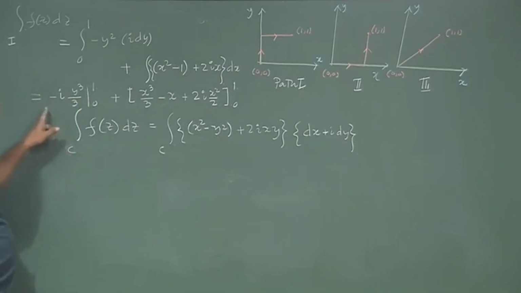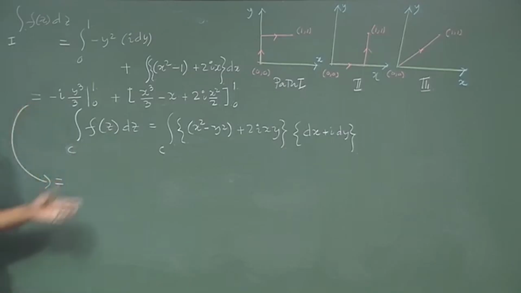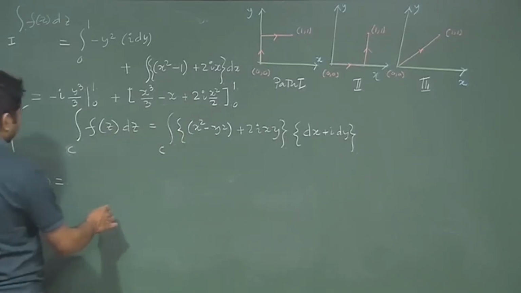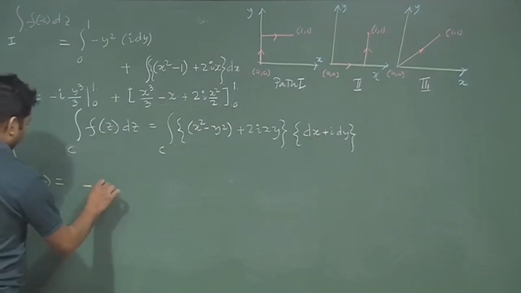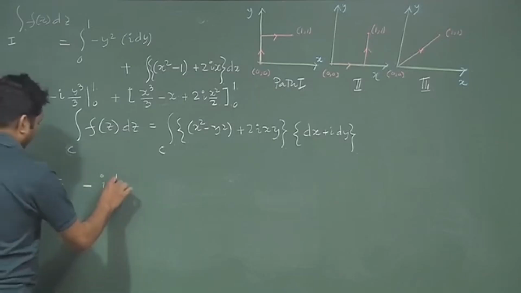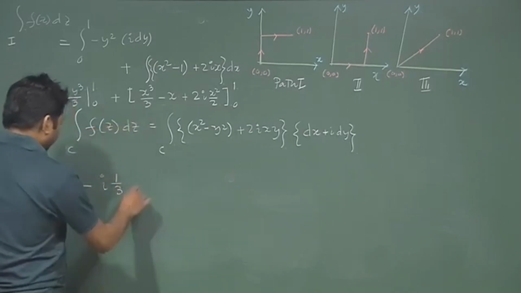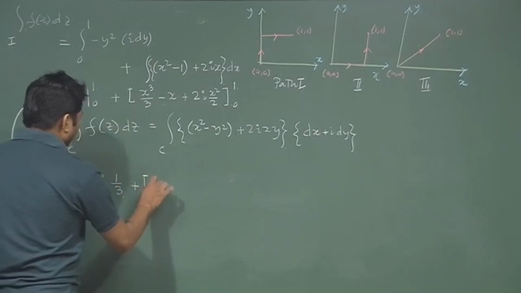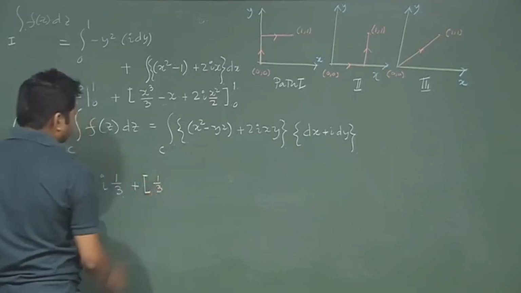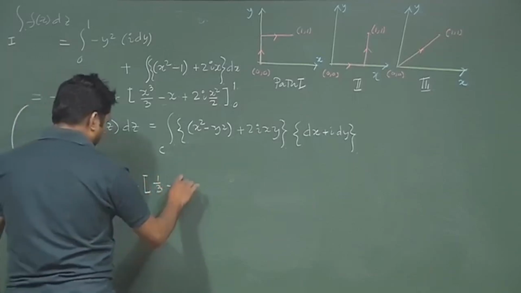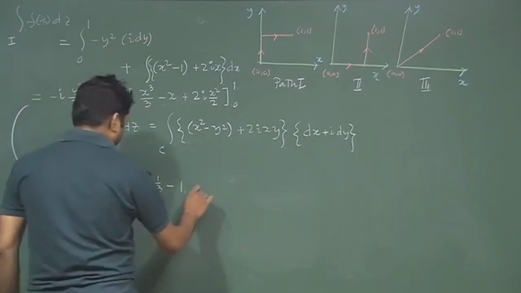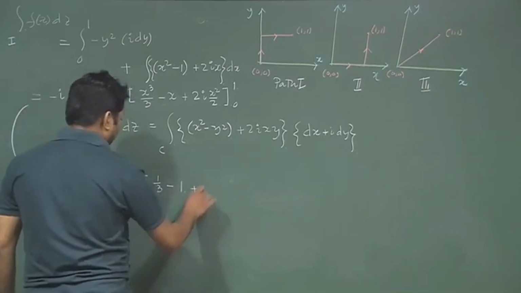Fine. So, let us go back here. I need this, so I am not going to erase that. This quantity, if I put in the limit, will be minus i times 1 by 3. This quantity, if I put in the limit, will be plus 1 by 3 minus 1 plus i.